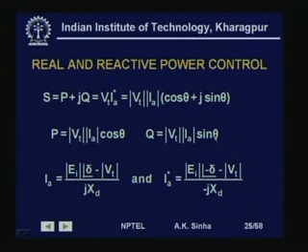Now, what is IA? IA is equal to (E angle delta minus VT) divided by jXD, that is the reactance. And if we take the conjugate of IA, then it is (EI angle minus delta, the conjugate we are taking, minus VT, since its angle is taken as 0, so there is no conjugate for that) divided by minus jXT.